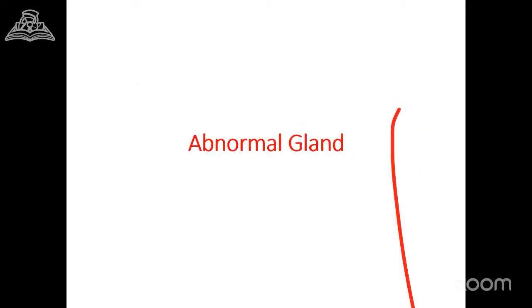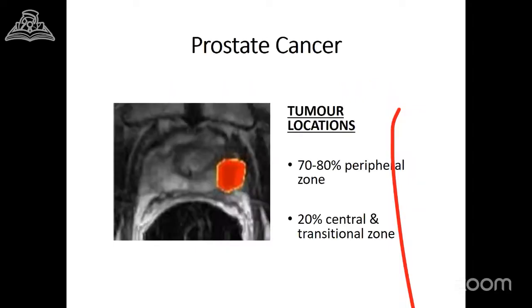And now we have an example of an abnormal gland. Prostate cancer most commonly arises in the peripheral zone, accounting for about 70 to 80% of cases. A smaller proportion occurs in the central and transitional zones.